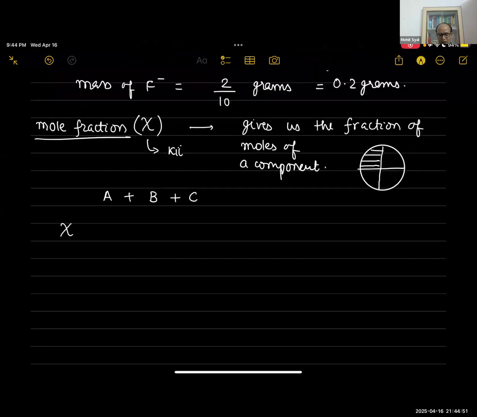So mole fraction of A, where Na is the number of moles of A, means out of the total moles, what fraction of moles is possessed by A. So you will take Na upon Na plus Nb plus Nc.